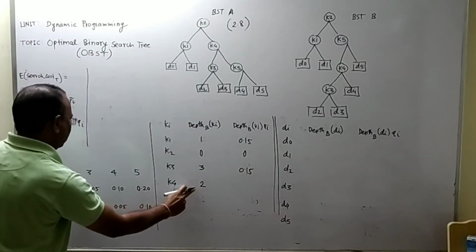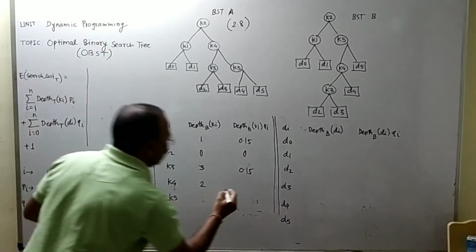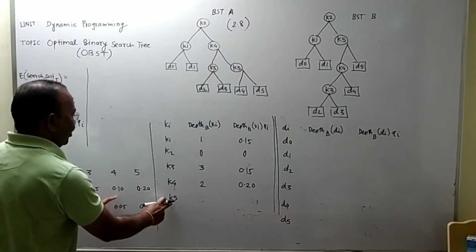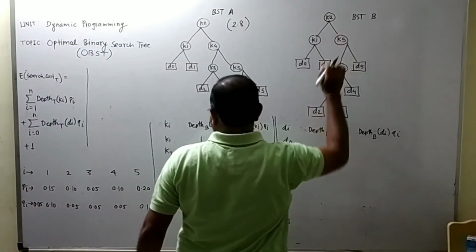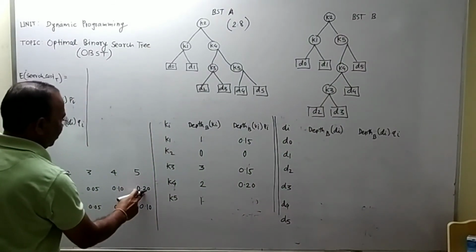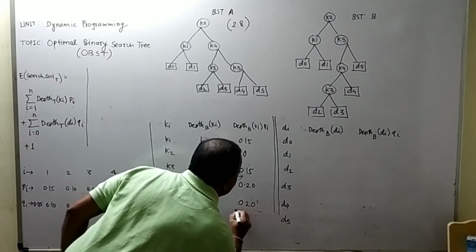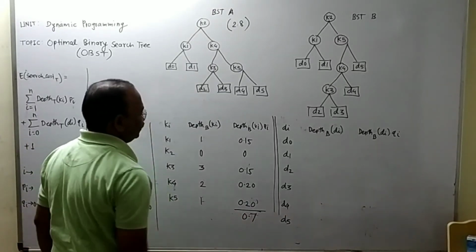Multiply with the probability of K4, that is 0.10. It gives 0.20. Then find out the depth of K5, 0, 1. Multiply with the probability of K5, 0.20. Take the sum of this, it gives 0.7.